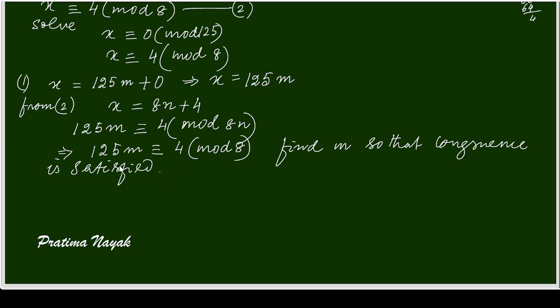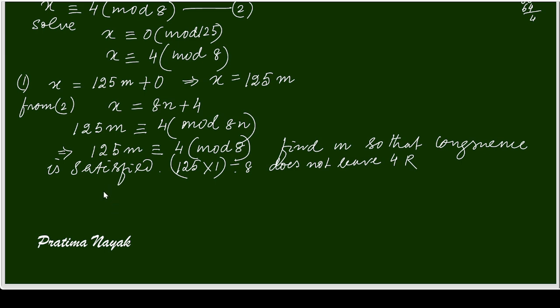So let us take 125 into 1. 125 multiplied by 1, when it is divided by 8, does not leave 4 as remainder. So m cannot be 1.